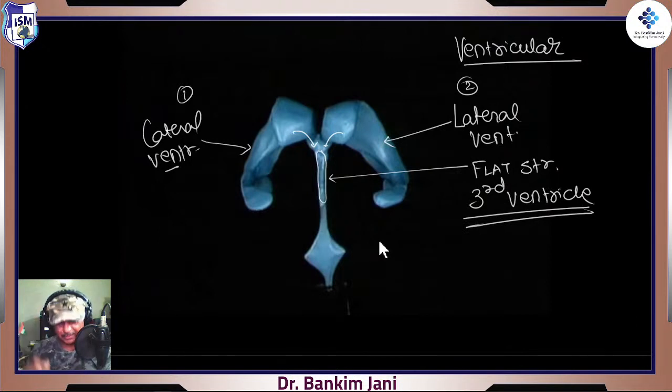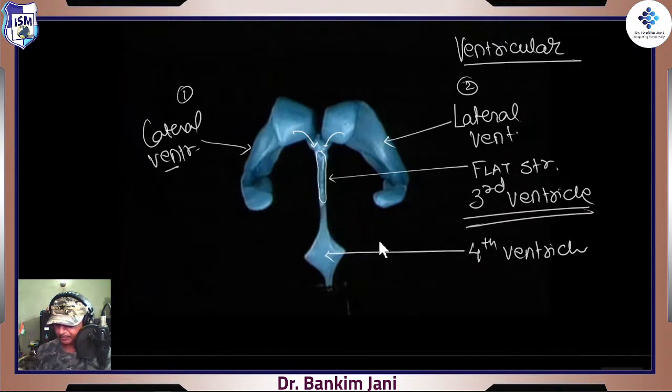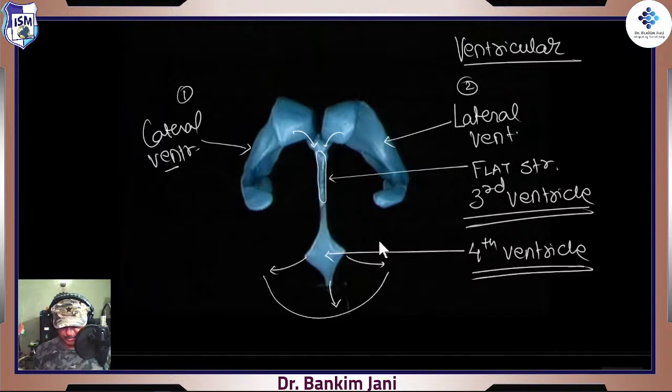Now this third ventricle opens into, very logically, another one, that is the fourth ventricle. So we are dealing with four ventricles, and it is from this fourth ventricle, from the lateral side and from the medial side, that it opens into the all-time great subarachnoid space.